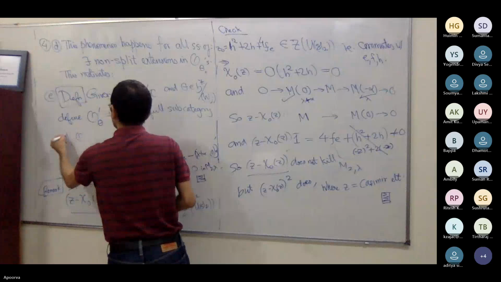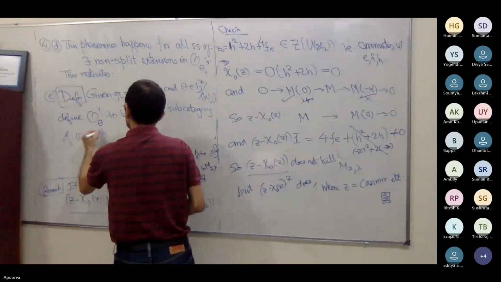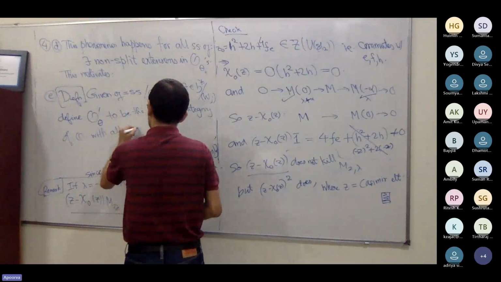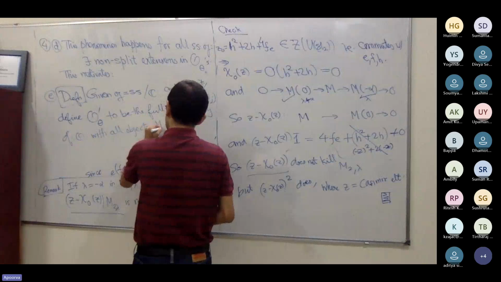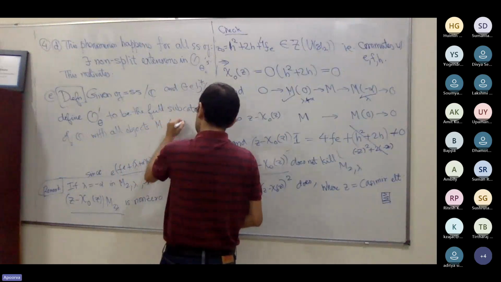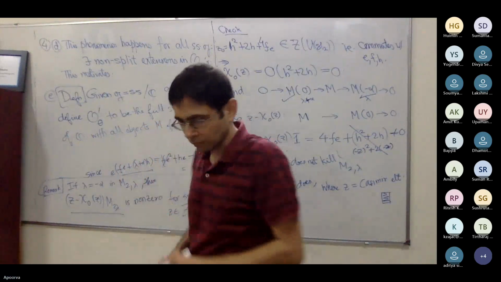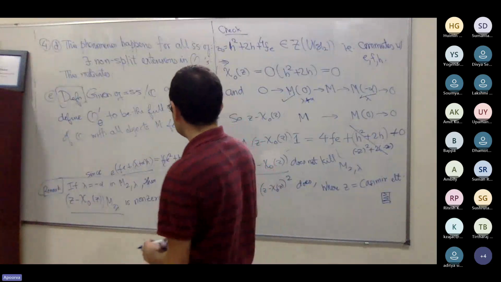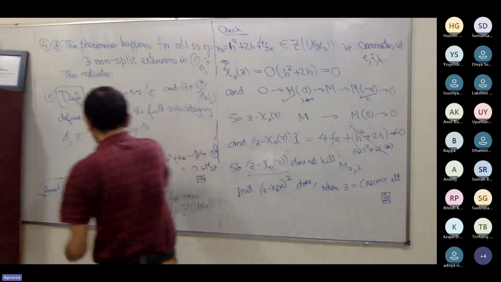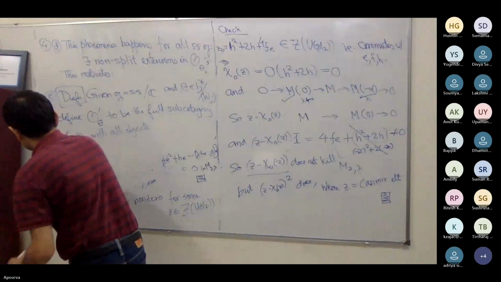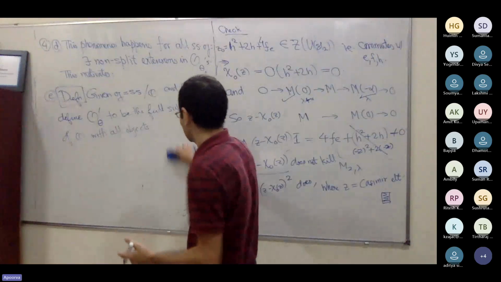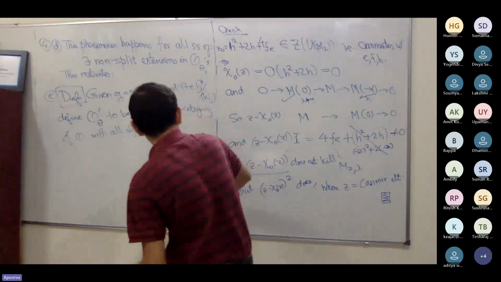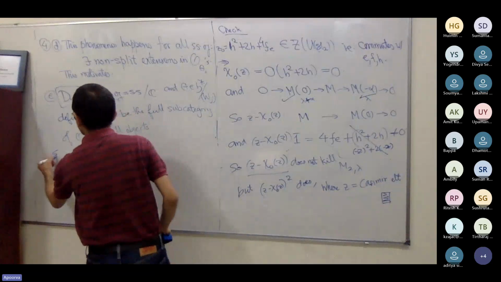O with all objects M for which, let's see. Maybe I'll just write it as a set. Strictly, I should not write a set, but it's easier to write it more precisely.